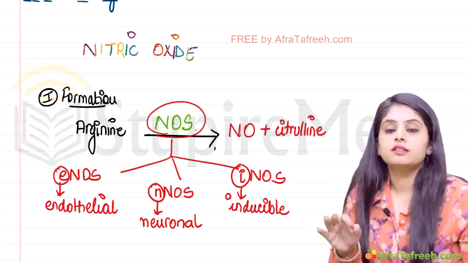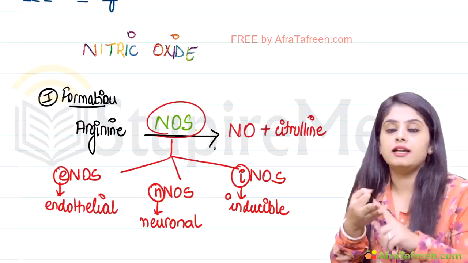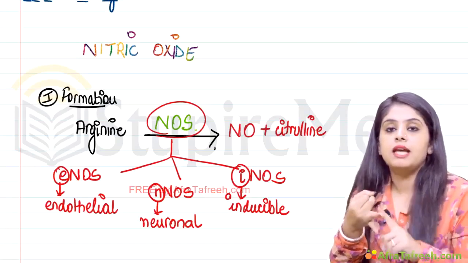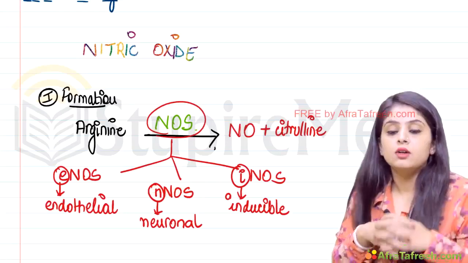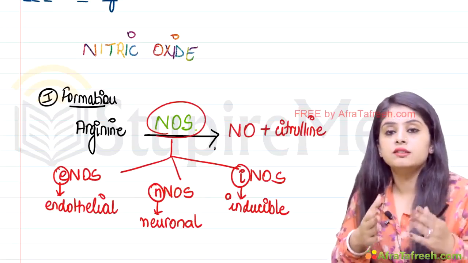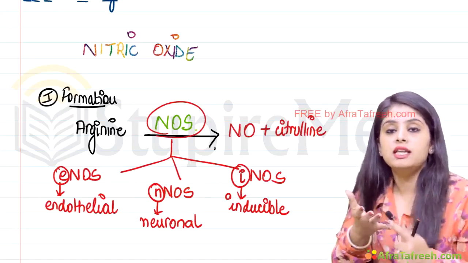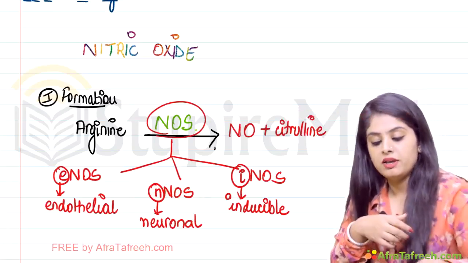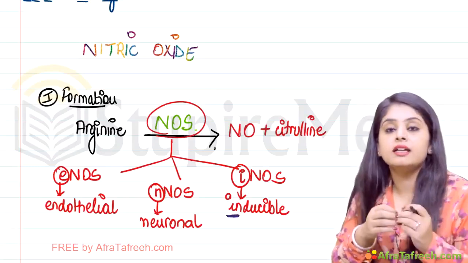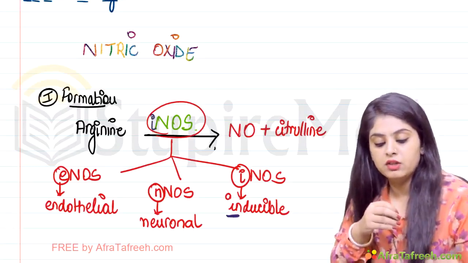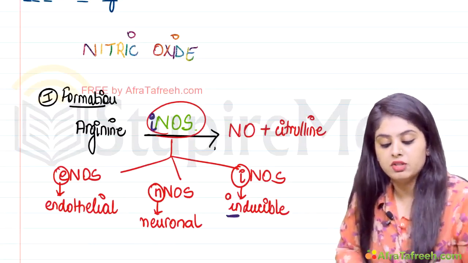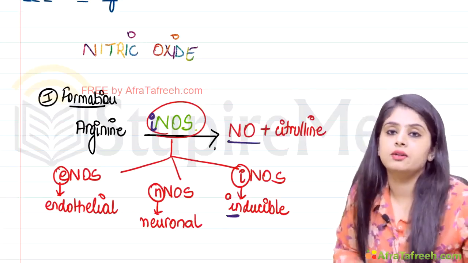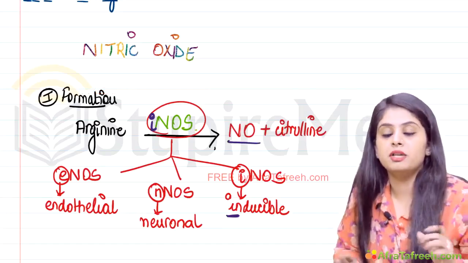So nitric oxide synthase is of three types: E, N and I. E for endothelium, N for neurons, I for inducible. Nitric oxide synthase is a newly formed mediator. Which out of these three do you think is the enzyme that is resulting in its formation? E, N or I, and I hope everyone can understand that I, inducible, is going to be induced. So in inflammation, the NOS that is active, that is going to help us in formation of nitric oxide will be the iNOS.